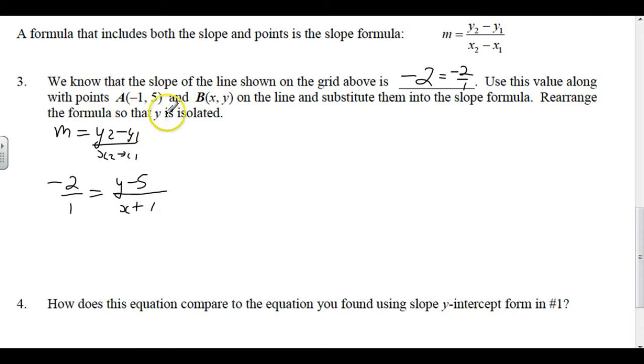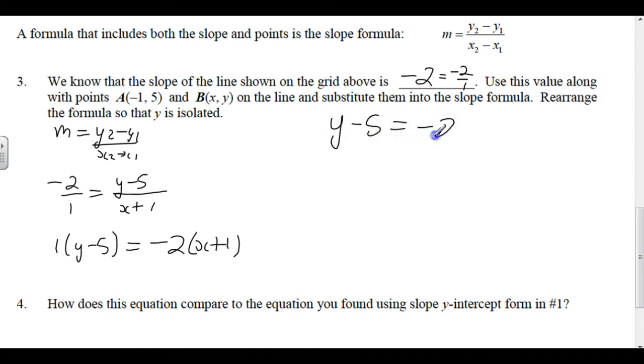Since I want y isolated, and y is positive, it's best to have the positive down here and the negative up here. So we get 1 times y minus 5 is equal to negative 2 times x plus 1. So y minus 5 is equal to negative 2x minus 2. Adding 5, y is equal to negative 2x plus 3.